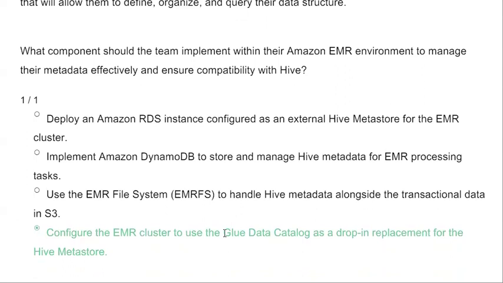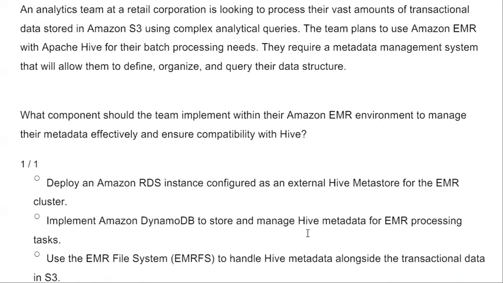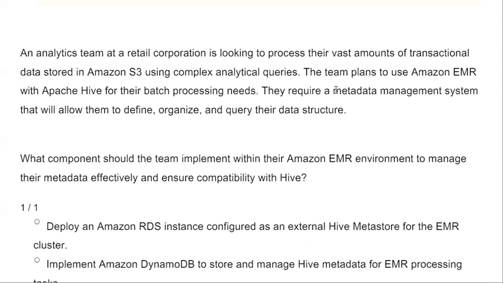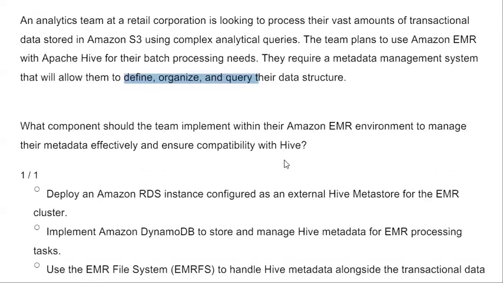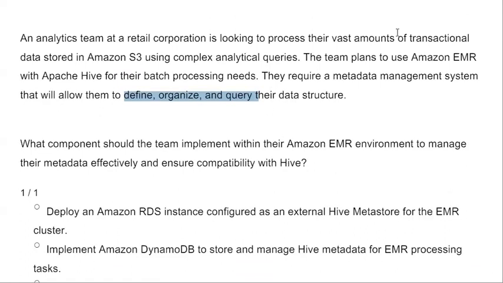You can identify this by using simple keywords. The keyword you need to observe is: when do we use the Glue Data Catalog? It is used for centralized metadata management. For storing metadata to define, organize, and query the data, we majorly use the Glue Data Catalog. After storing, we can query the data using EMR, and we can also query using Athena.